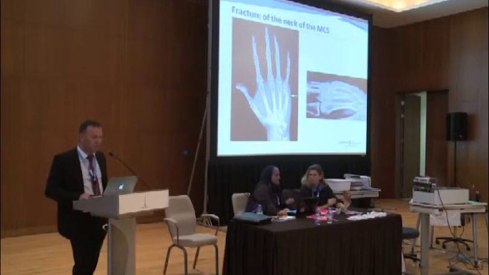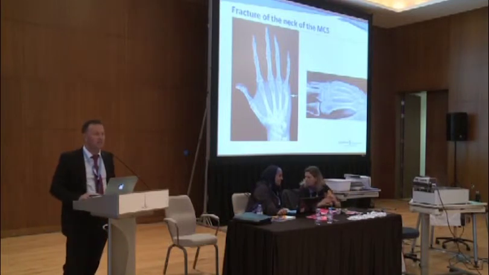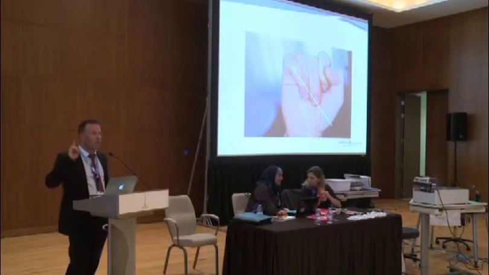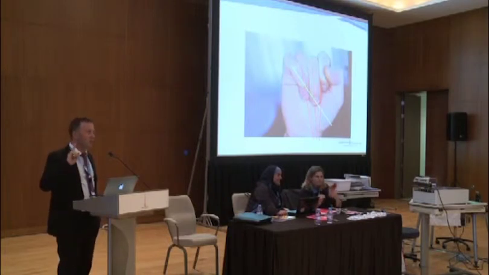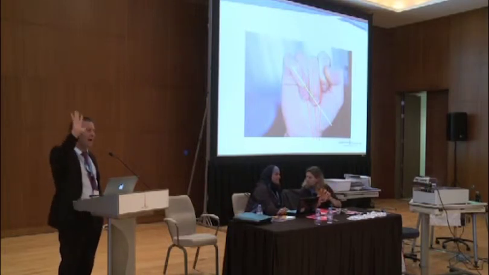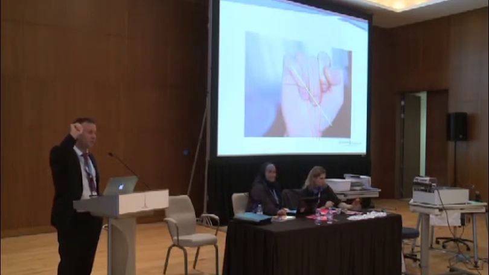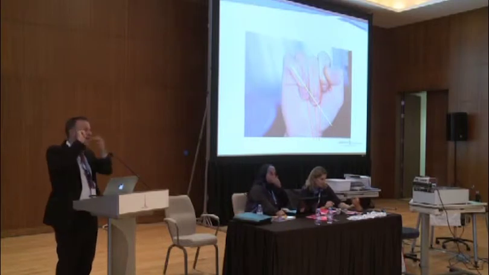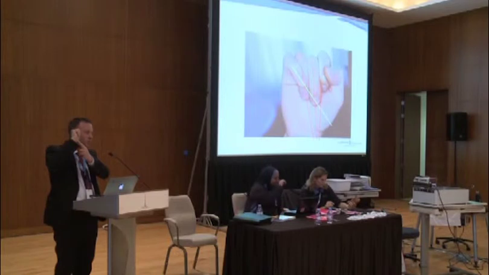But the most important is not only the X-rays and the displacement. For all the fractures, all the hand fractures, you must ask the patient, even if he's broken, to flex the fingers. You know, when you do this, all the fingers are convergent on the distal part of the scaphoid.